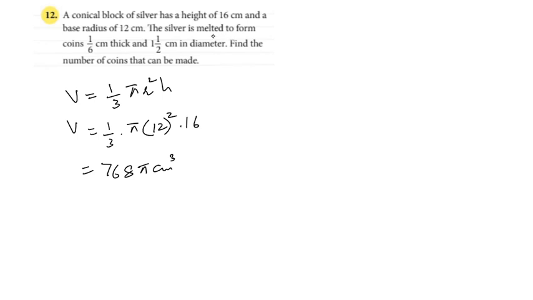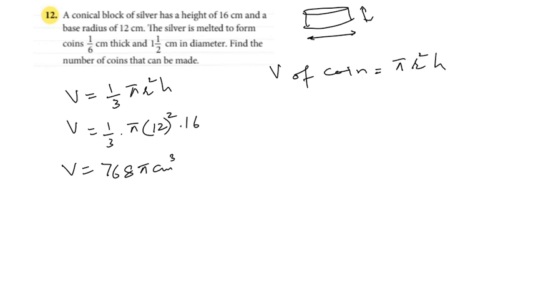The silver is melted, and all this volume has been used to form coins which are 1 by 6 centimeters thick and 1 and 1 by 2 centimeters in diameter. Find the number of coins. So we need the volume of one coin. A coin is in the form of a cylinder, where this is the thickness and this is the diameter, and the volume is pi r square h.